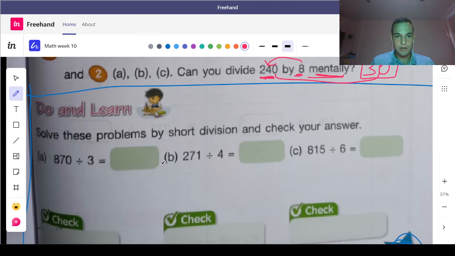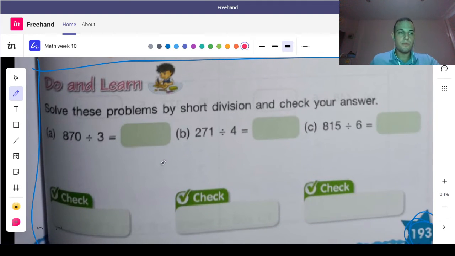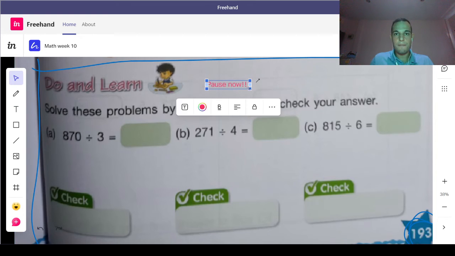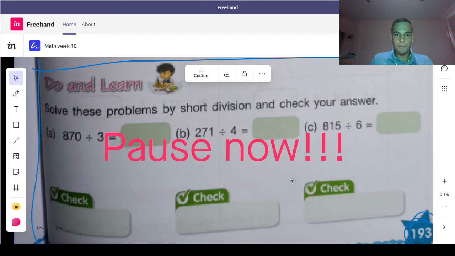Now it's your turn to try these problems. A to C. So everyone, you know the deal. Pause now and do A, B, and C. Okay?